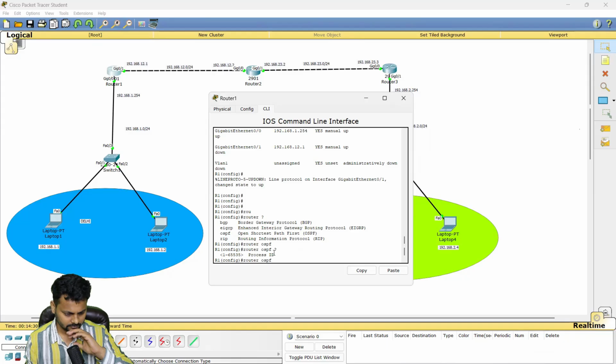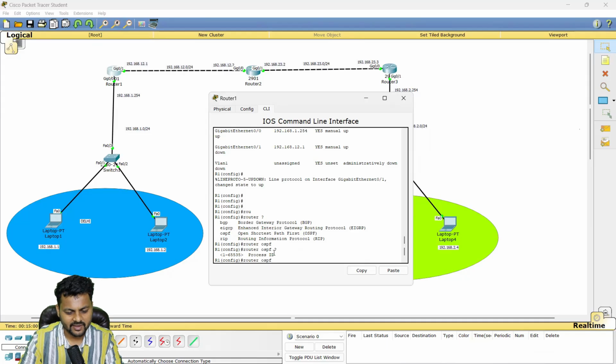So on a single router, you can run multiple process IDs, right? For example, you have a service provider router, and this service provider router has connectivity with multiple customers: customer 1, customer 2, and customer 3. In that case, on this service provider router you can run 3 process IDs: one for customer number 1, another for customer number 2, and another for customer number 3. So if you have this kind of scenario, you can run multiple process IDs as well.